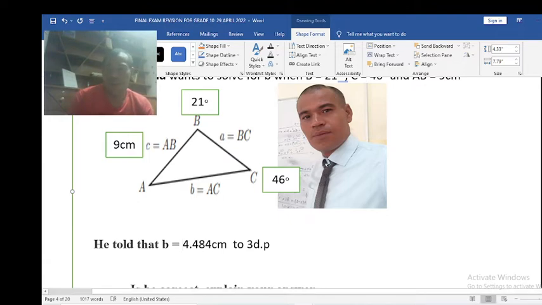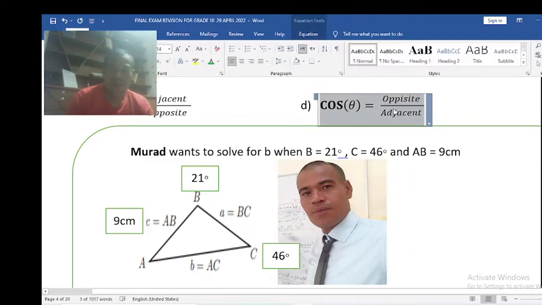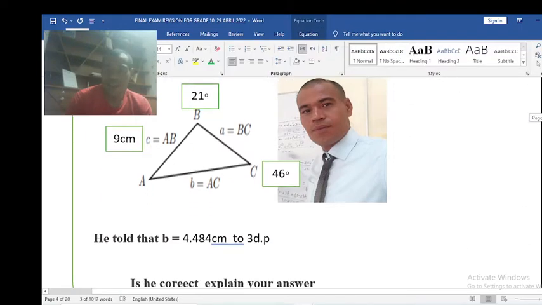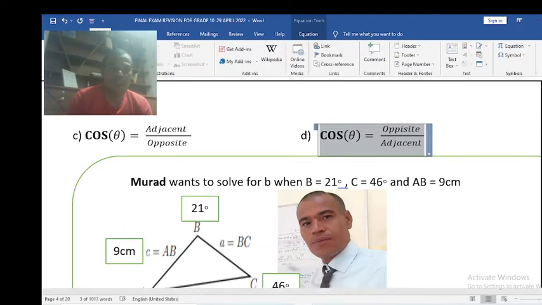Let's start. I will use a symbol of equation. I will use this one, the sine rule. I will copy, then paste here so that I can explain this one.